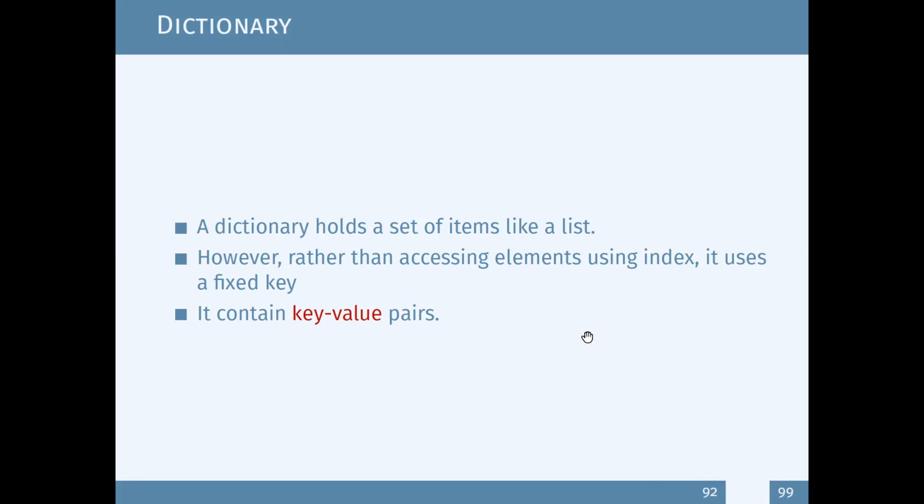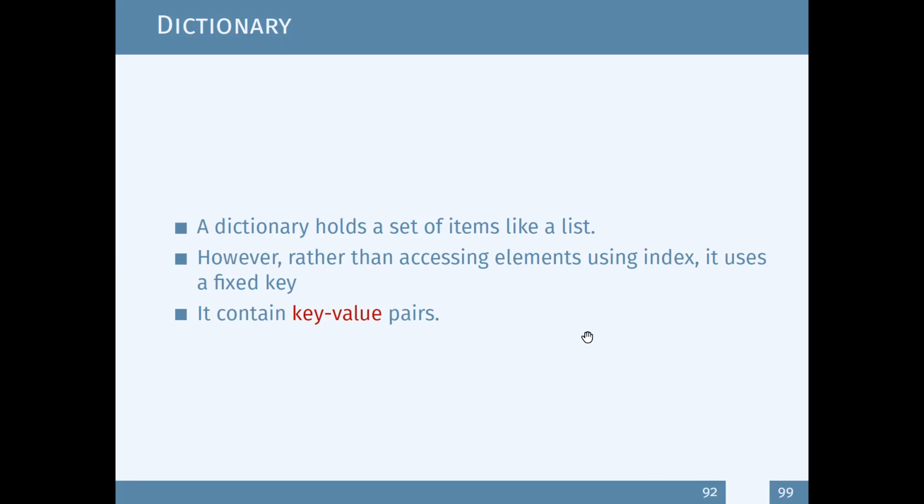Instead of that, we have something called a key. Because of this, in dictionaries we always have key value pairs, which means you can use the key to extract the value, right?